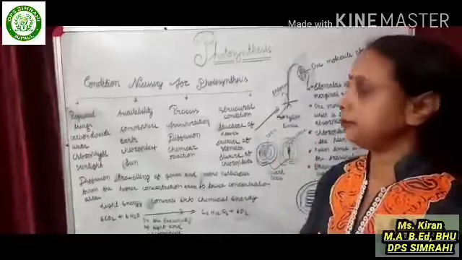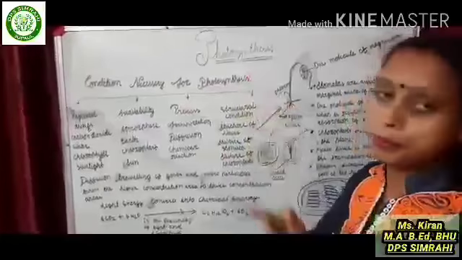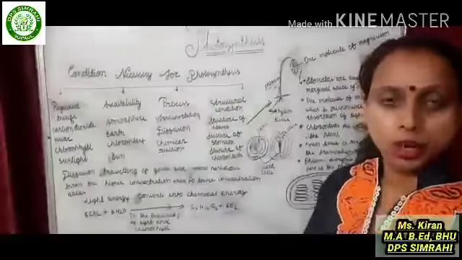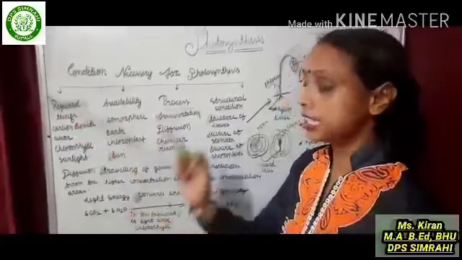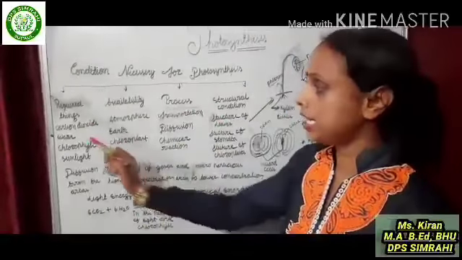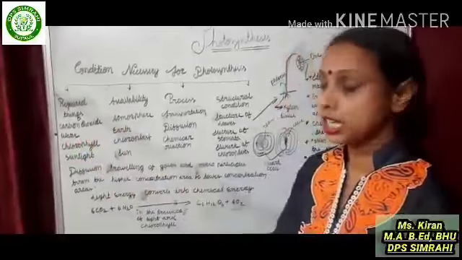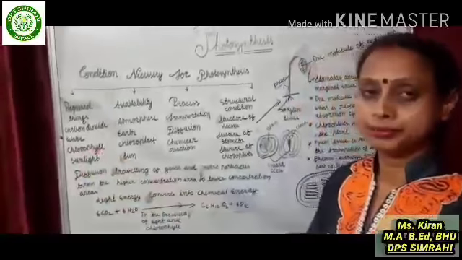We will see the conditions necessary for photosynthesis. What is the requirement of photosynthesis? The required things are carbon dioxide, water, chlorophyll and sunlight.